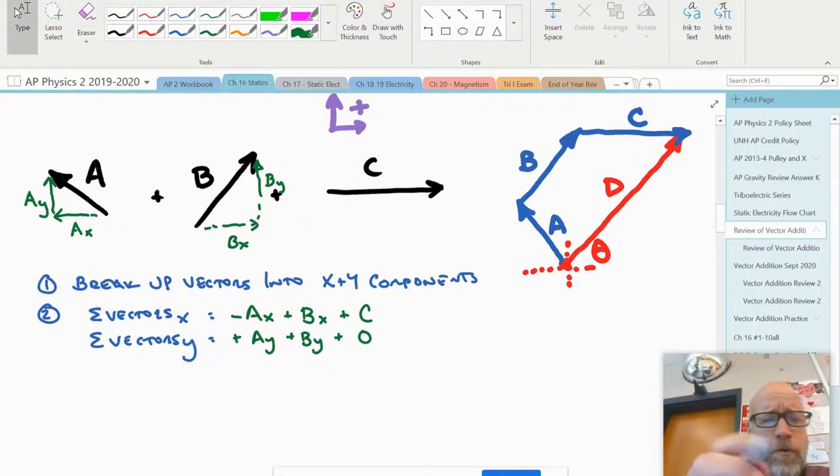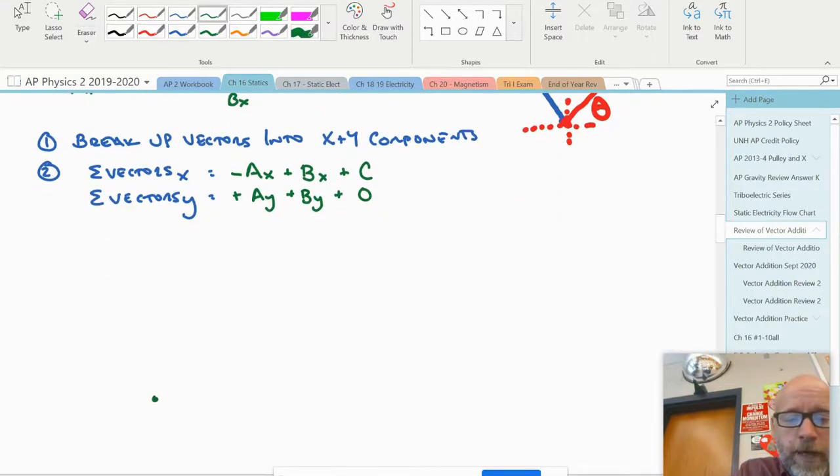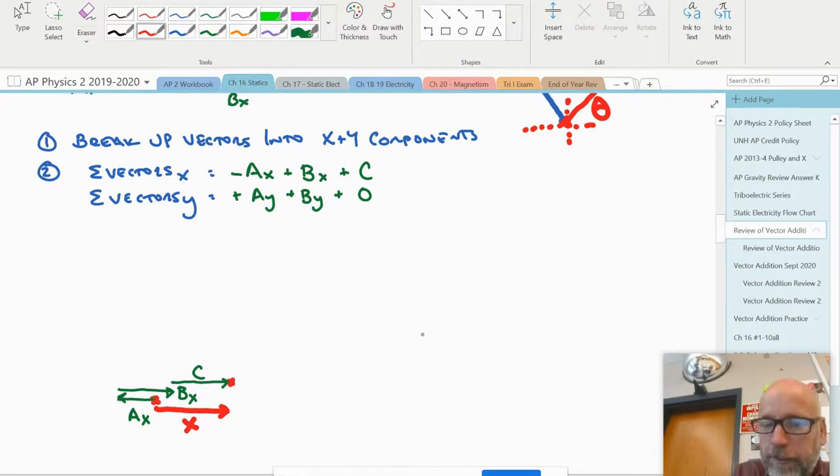Now, this is review, but it's important. So I want to draw a picture. Okay. What we're really looking at here, if we go from start to finish, is that I have AX to the left, followed by BX to the right, followed by C. So if I were to look at my components, the X component would go from the start to the end. Okay, and I'm going to redraw that right over here.